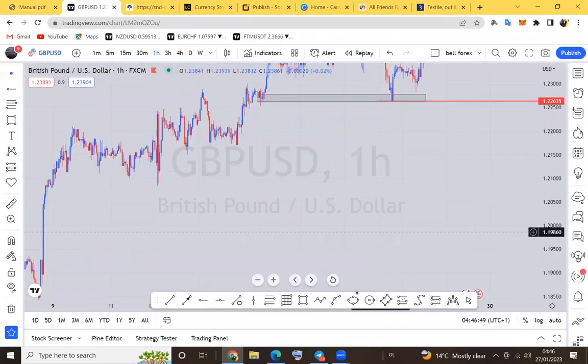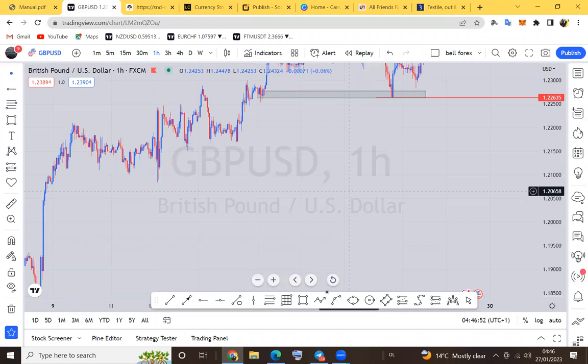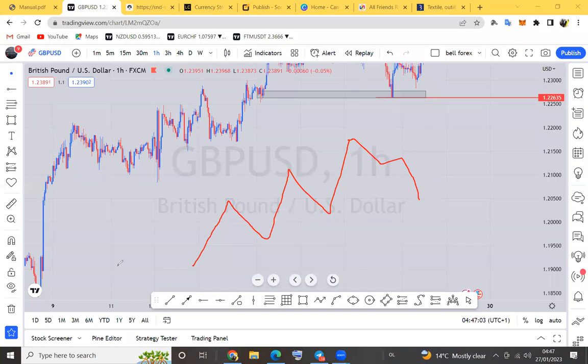So now, my friends, we were talking about a trend where we have impulsive waves and retracement waves. Now, I want you to understand that a market always has a cycle.